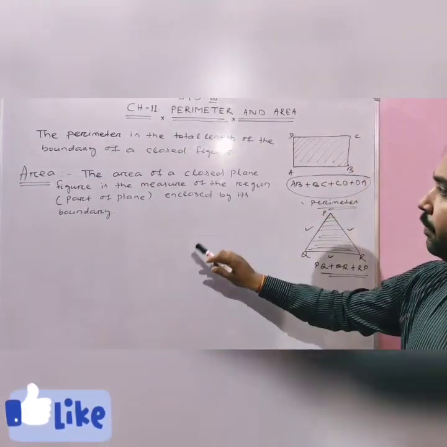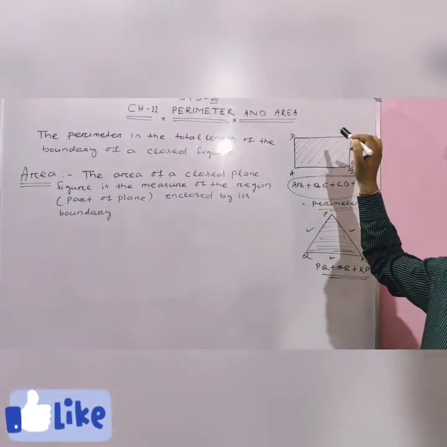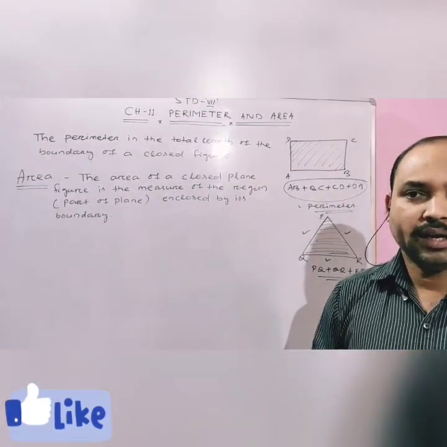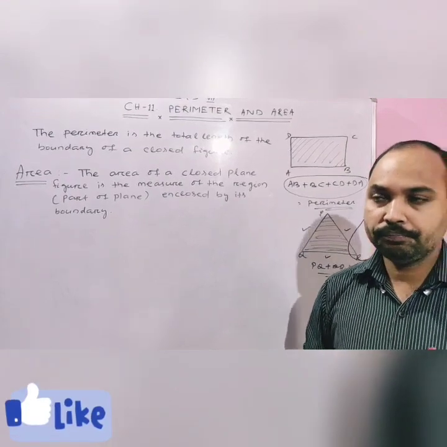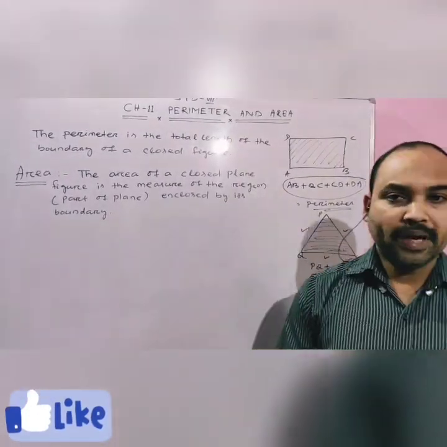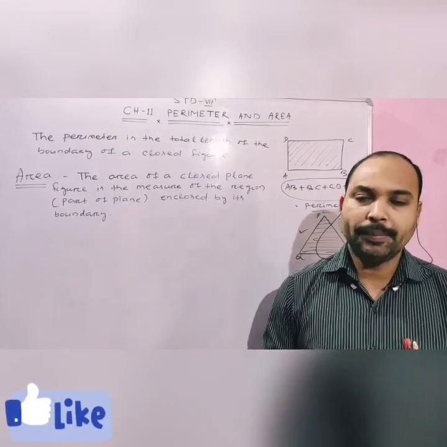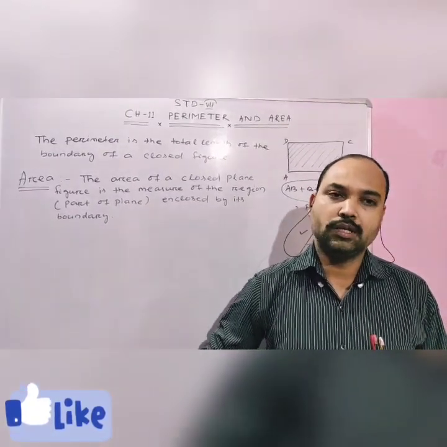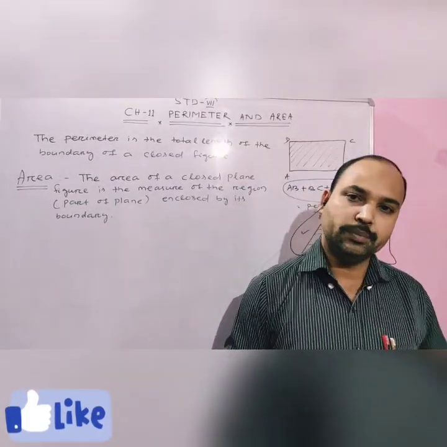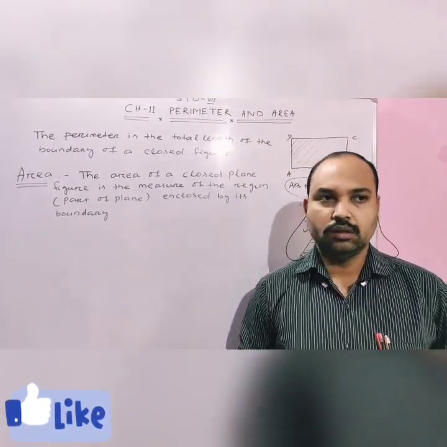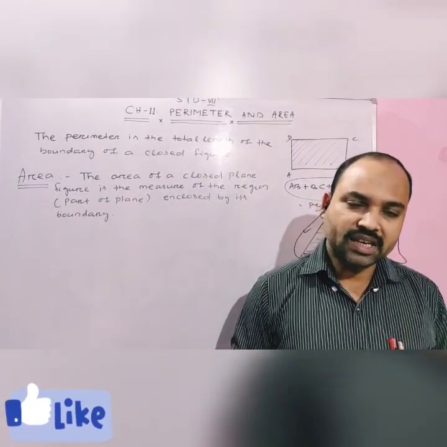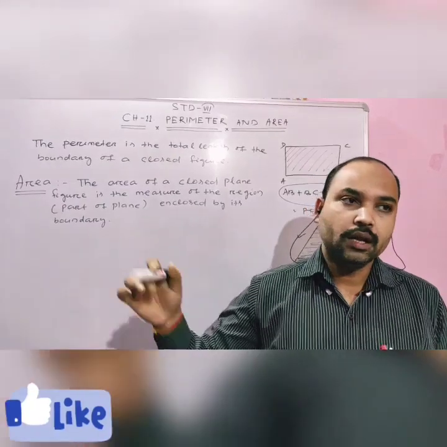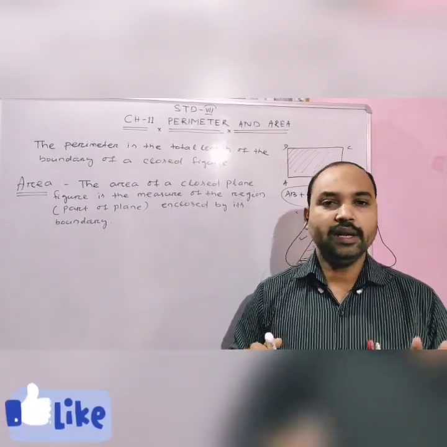So however much region is occupied by a closed figure, that much is the area of the closed figure. We already know that the unit of the perimeter is the same as the unit of length. If it is given in meters, the unit is meter; if centimeter, the perimeter unit will be centimeter; and if kilometer, the unit will be kilometer.